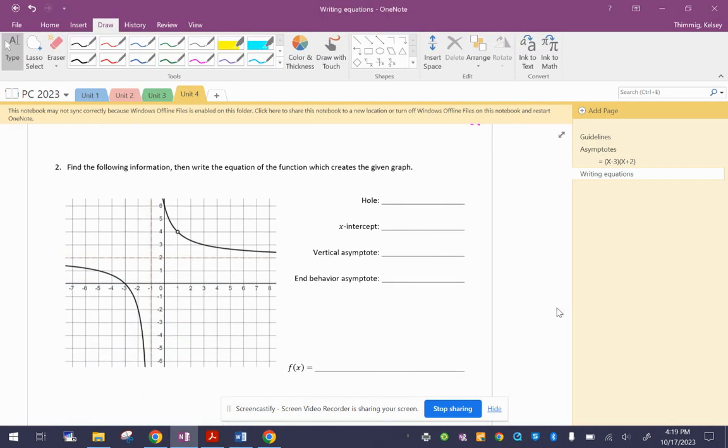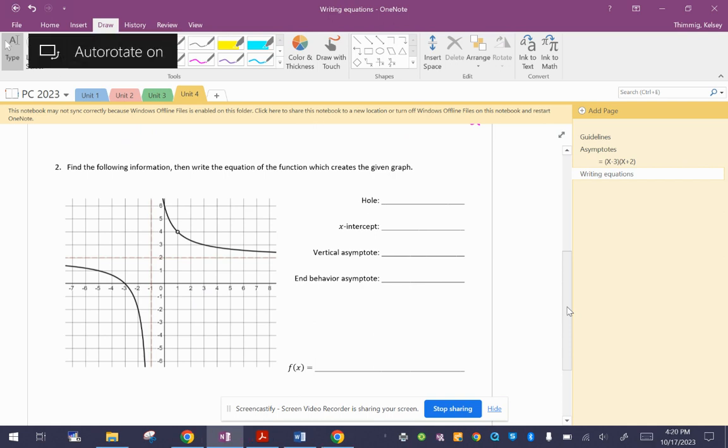So same thing with number 2. We're giving you all the same information, but in graph form instead of words, right? So the first thing is to identify each of our important key features. We've got our hole at (1, 4). We've got our x-intercept here at -3, 0.